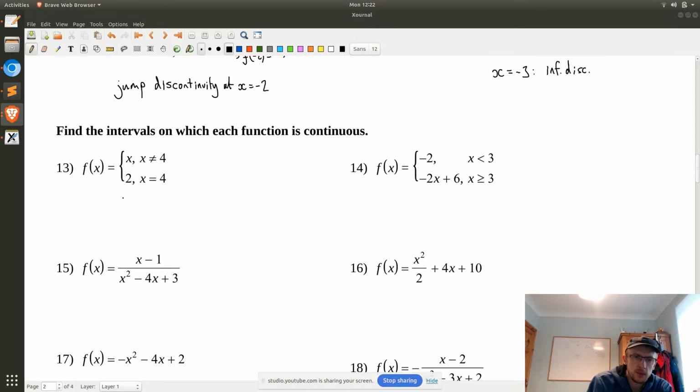I believe that it will be continuous from negative infinity to, well, I guess to 4. We'll see in a second.